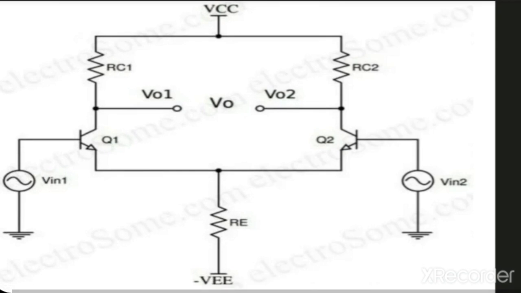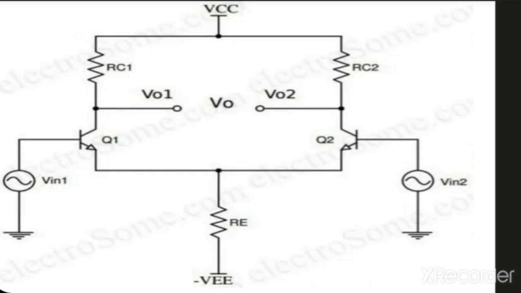This is the circuit diagram of a differential amplifier using bipolar junction transistors. The two transistors are Q1 and Q2. The two input signals V input 1 and V input 2 are fed to the base terminals of transistors Q1 and Q2 respectively.